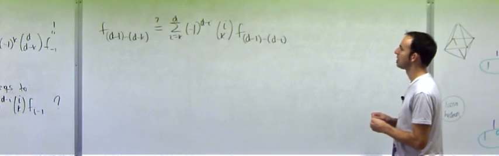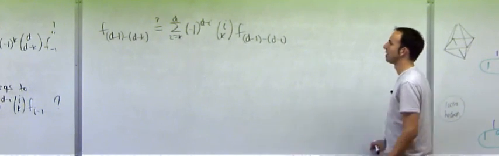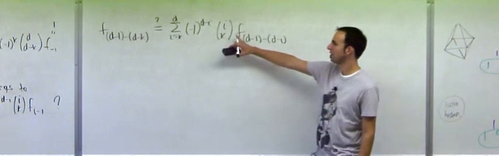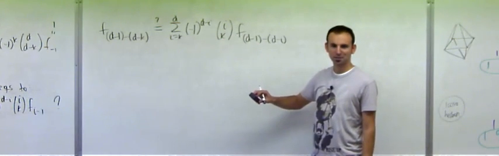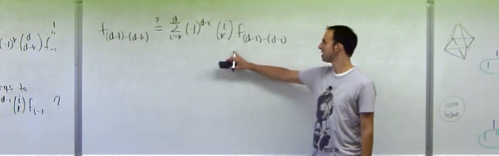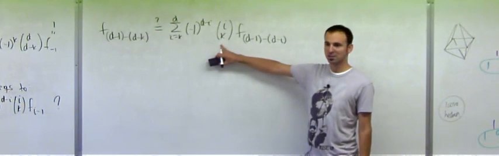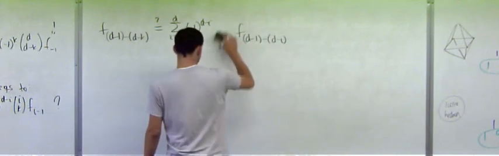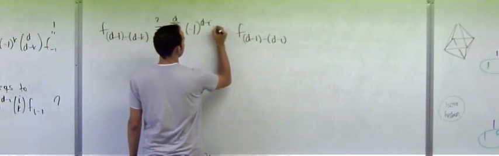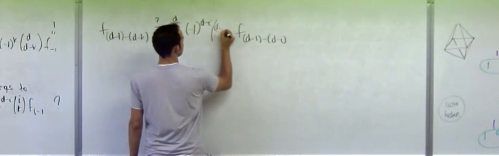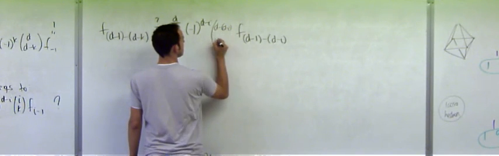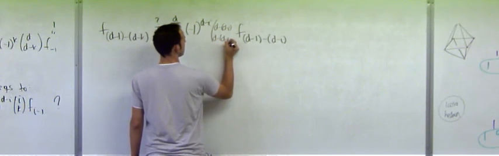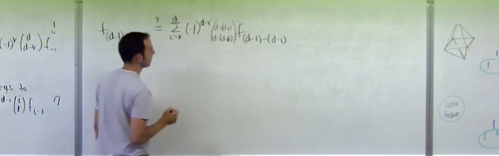Okay? And now let me write i as d minus i and k as d minus k. There's a method to what I'm doing here. d minus i, d minus k. Okay. You might see what I'm up to.